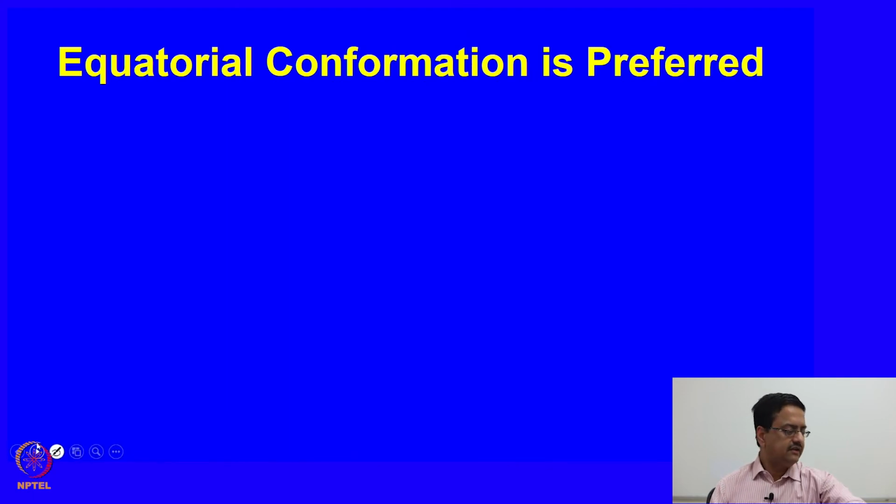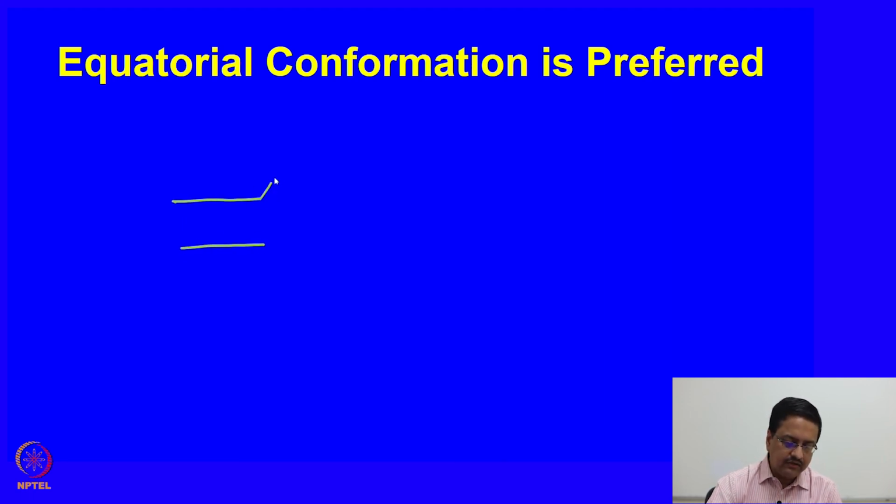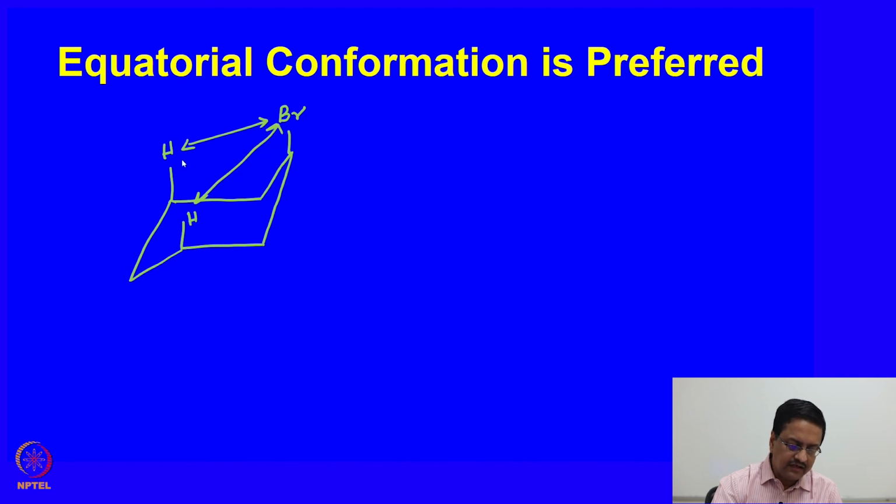So what happens is that when you have a substitution in the cyclohexane ring, suppose we have a bromine atom or a methyl group in the axial position like that, there is a possibility of a steric interaction between the large bulky group and the corresponding axial hydrogen atoms, and it then produces some destabilization in the molecule.